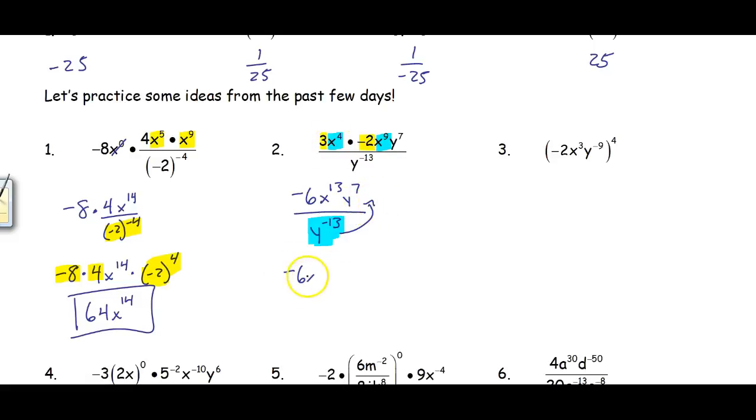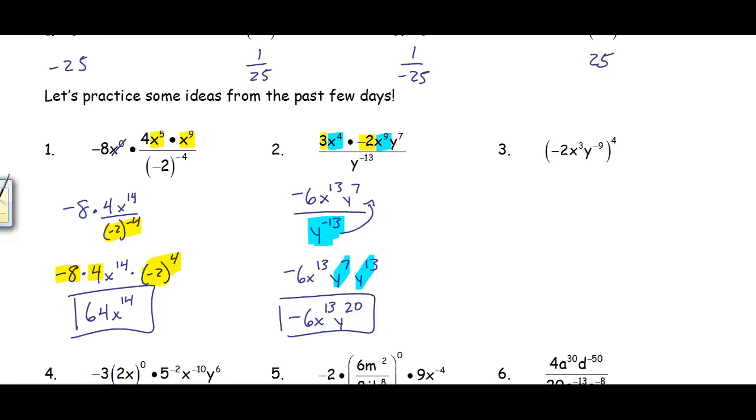So -6x to the 13th, y to the 7th, y to the 13th. Remember, when you move levels, you change the negative to a positive exponent. So here now, combine your y's. So you have -6x to the 13th, y to the 20th.